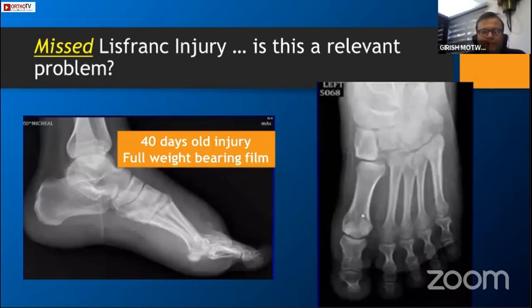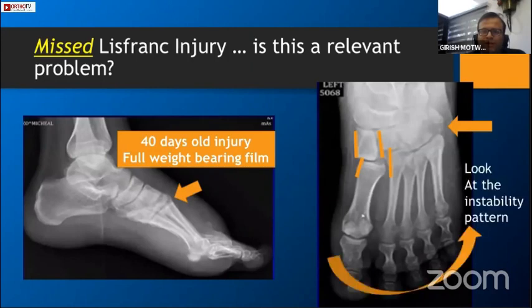Forty days down the line, on a full weight-bearing X-ray, you can now see a visible fracture at the base of the second metatarsal, and also a discontinuity between the tarsal and the metatarsal region. We will see what these discontinuities are in the later part of my presentation, but overall it looks incongruent. An associated cuboid fracture was there.